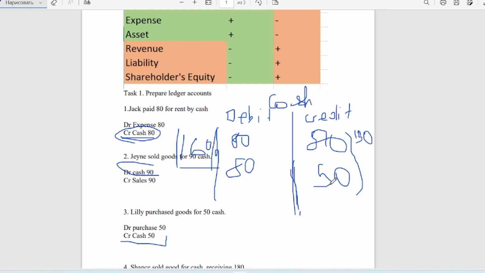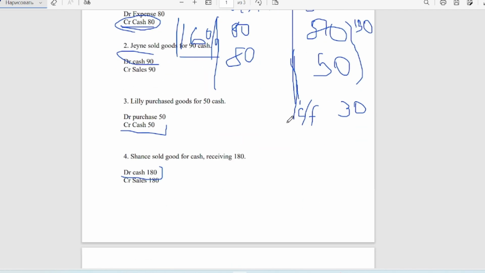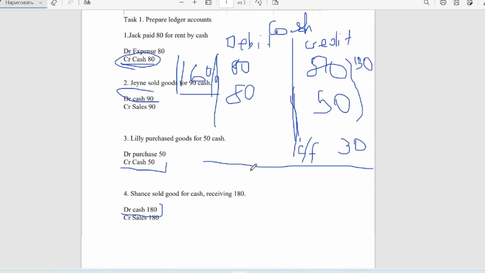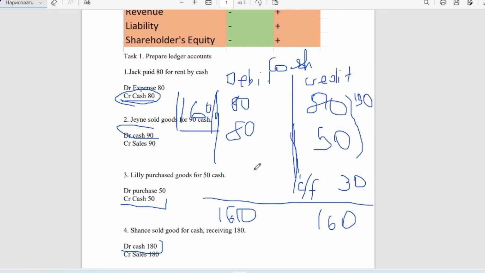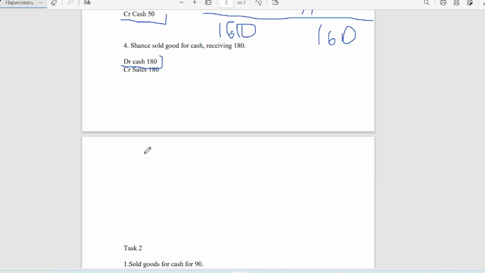So to make this side 160, we will need 30. And this 30 is called carried forward, in other words, closing balance. So we are going to close it and both of them will be 160 and 160. So this is called a ledger account. Let's open a ledger account for expense as well.